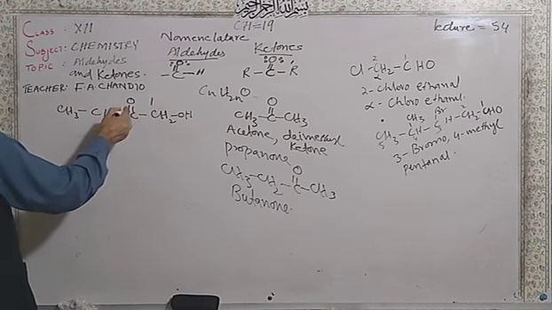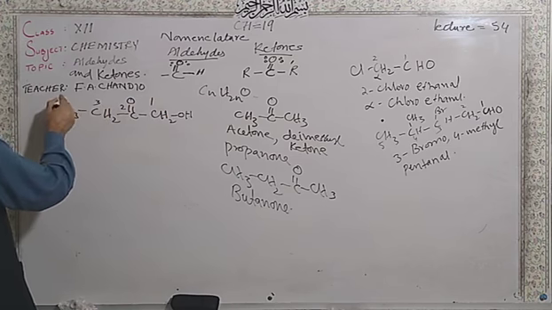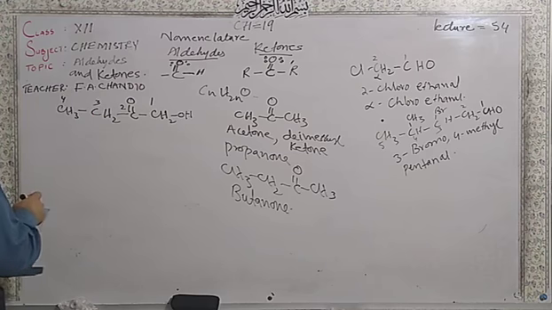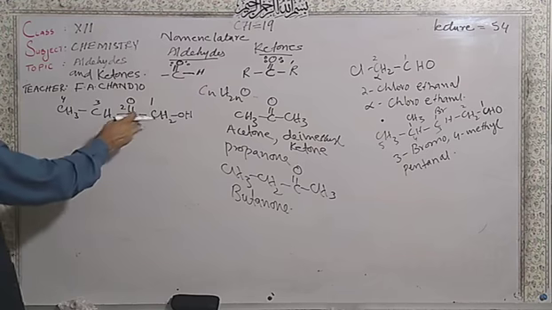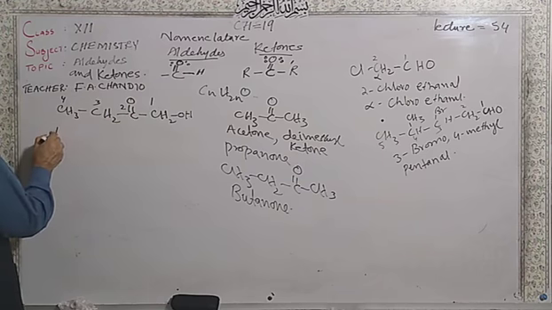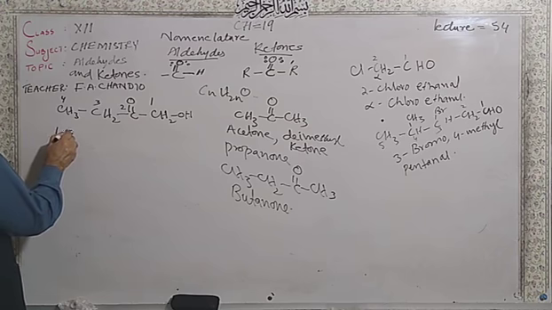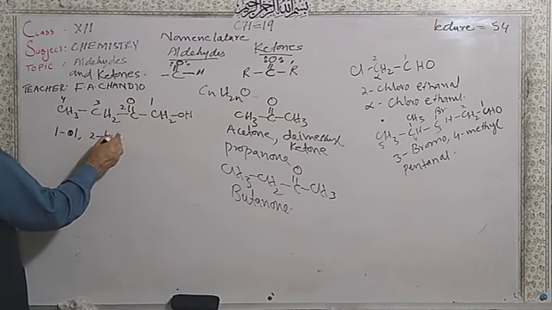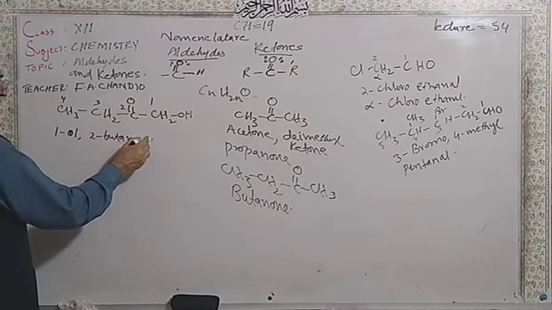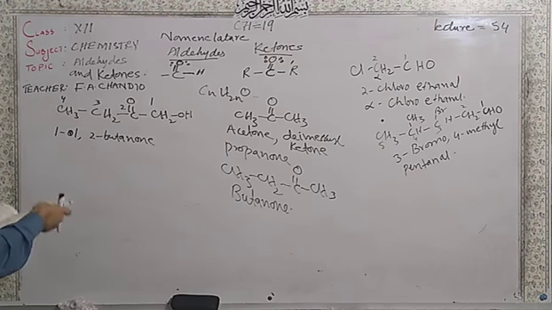Must start from where? 1, 2, 3, 4. So there will be a 1-ol and 2-butanone. 1-ol, 2-butanone.